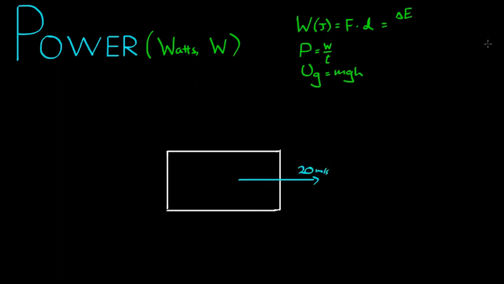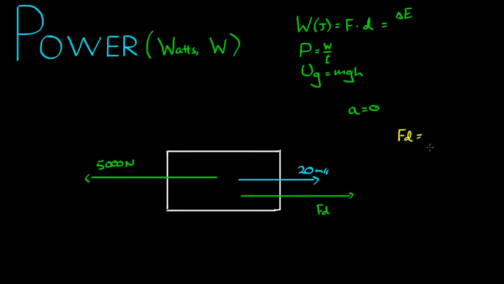The frictional force acting that way is equal to 5,000 newtons, and the acceleration is equal to 0. It also must have some kind of driving force of the engine. So there's two parts to this question. First, we'll figure out the driving force, and then we'll figure out the power of the engine.